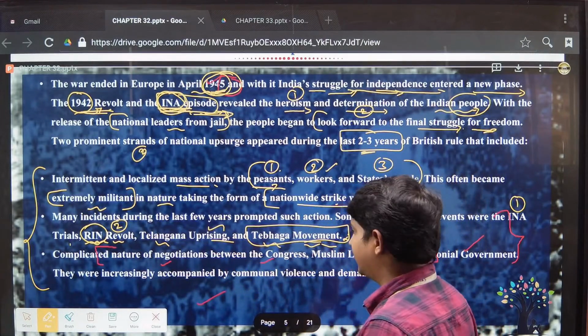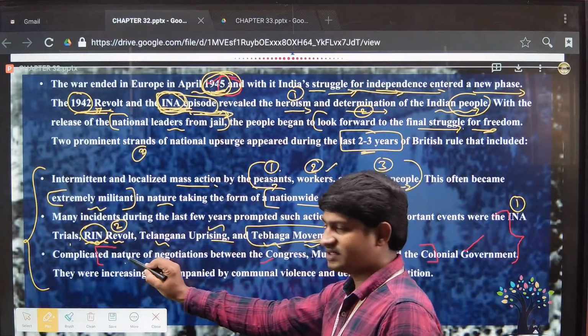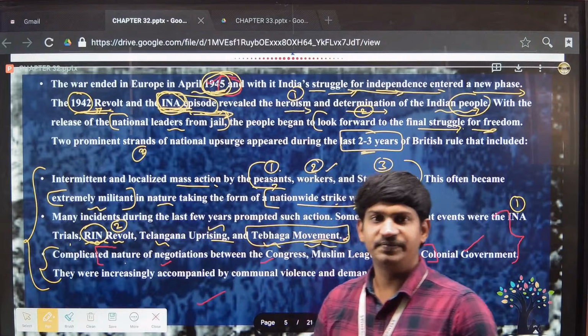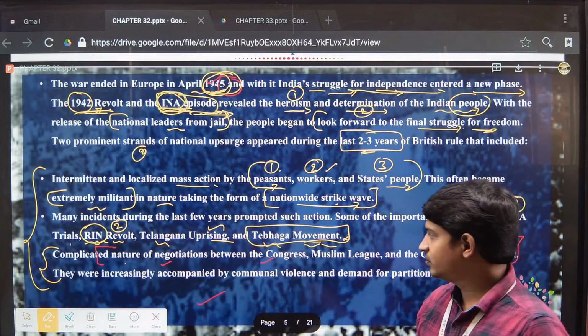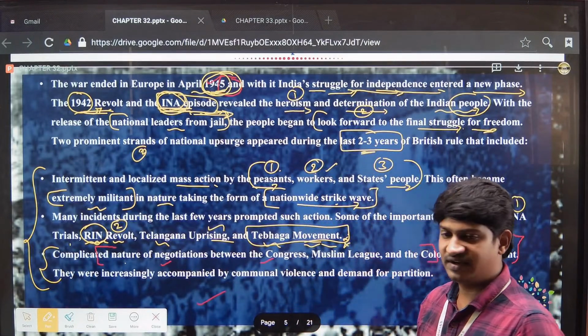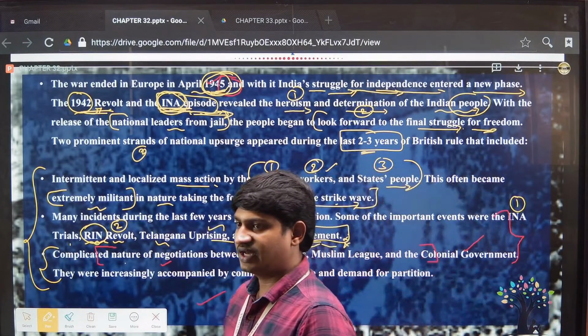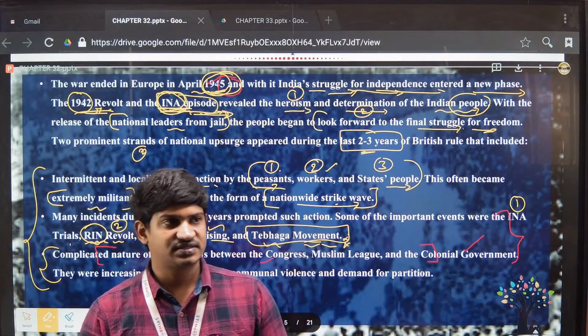Okay, so next, this problem prevailed for the last few years. The Indian National Congress and the Muslim League, till the end, never compromised with each other. They were clear in the stance they had taken.